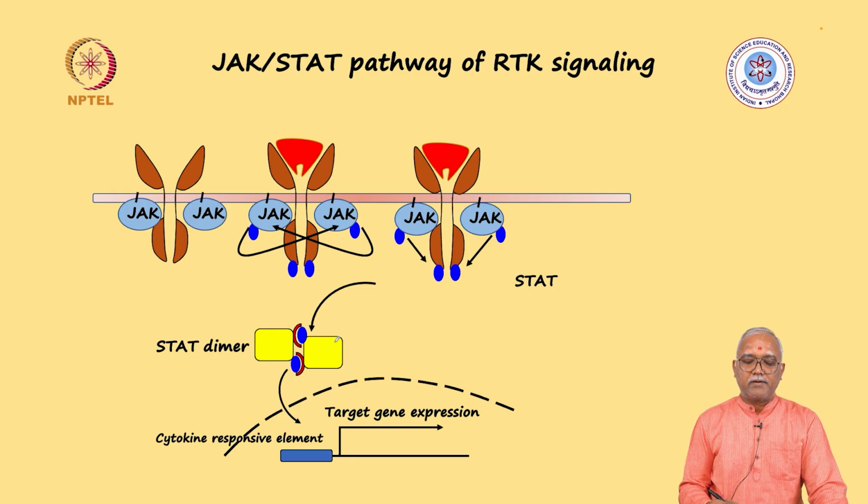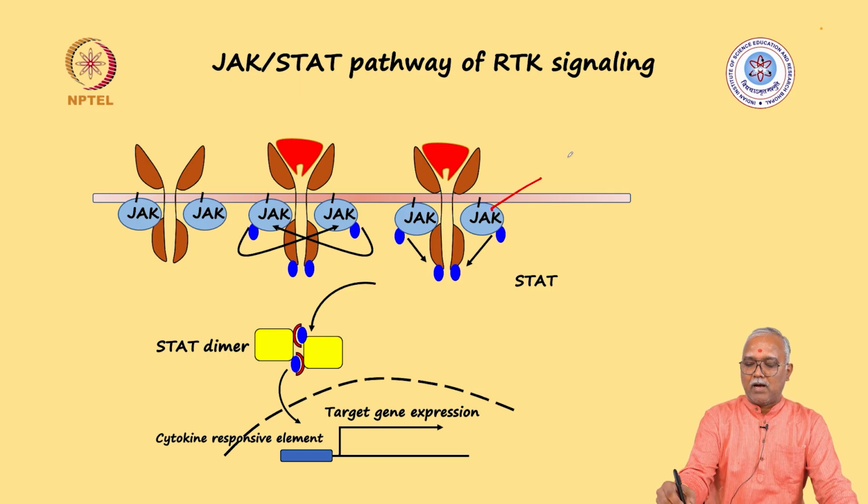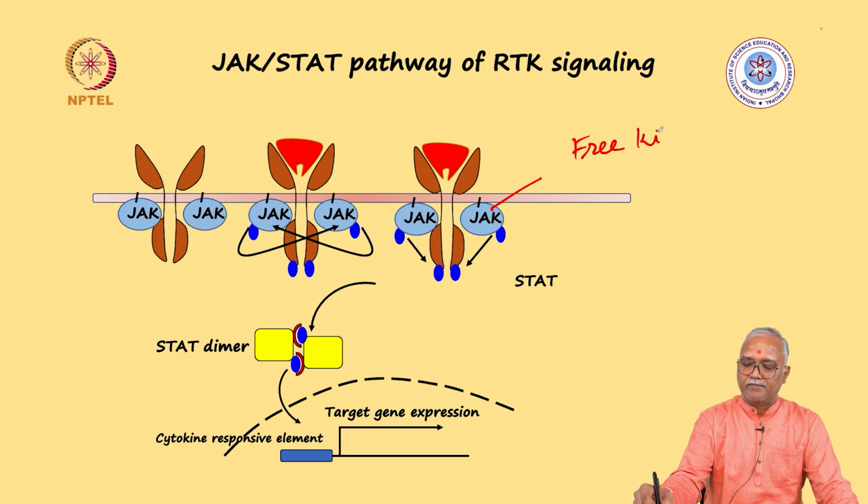So if you recollect, the JAK-STAT pathway which I mentioned briefly in the previous class was that here the JAKs are kind of free kinases, and these are tyrosine kinases.